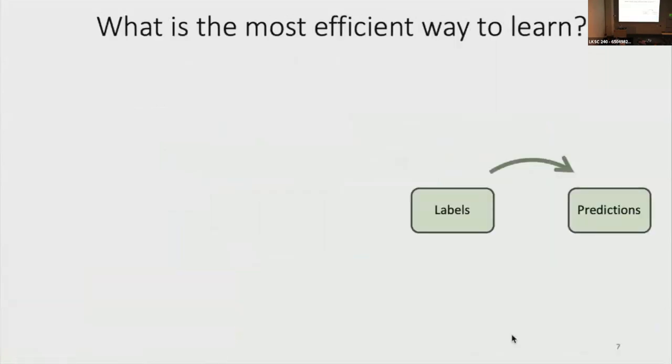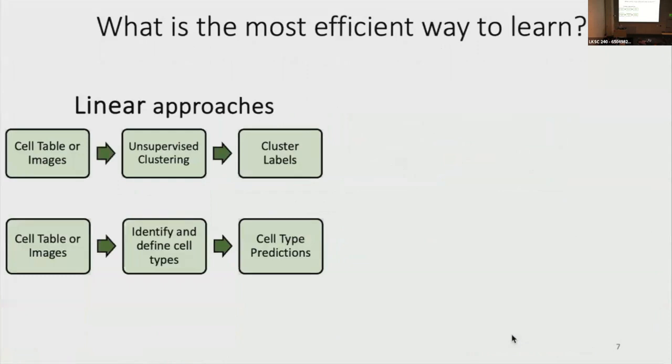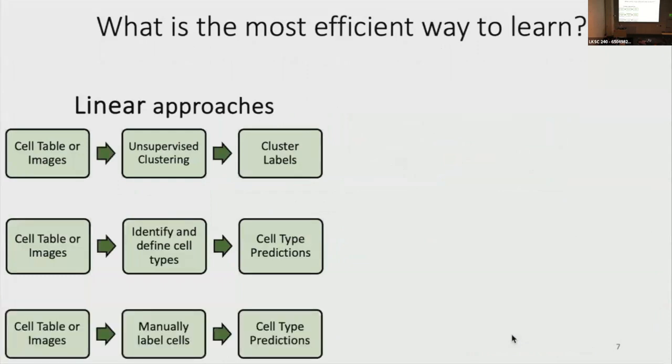And so this brings us to the question of what's the most efficient way to learn. There are all these linear approaches: you take the cell table, do some clustering, then you have to label the clusters and identify what cell types you have. Then you do some probabilistic model and get predictions, or you manually label cells and then use some supervised learning.